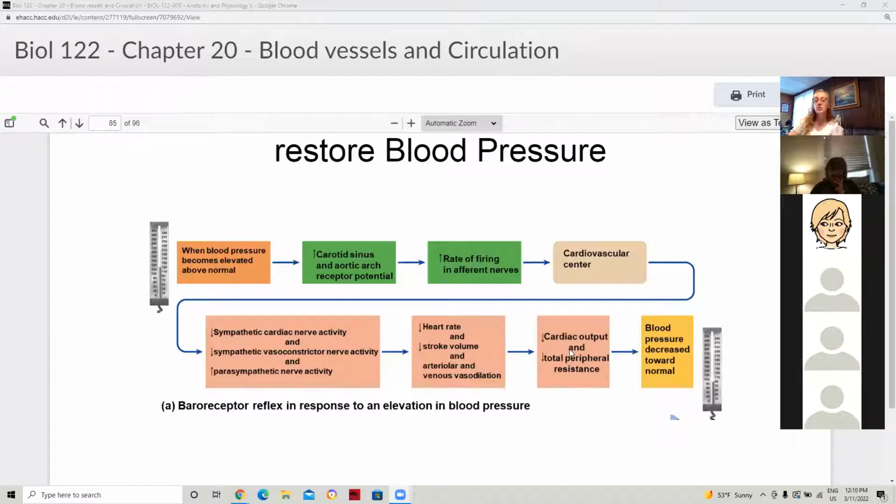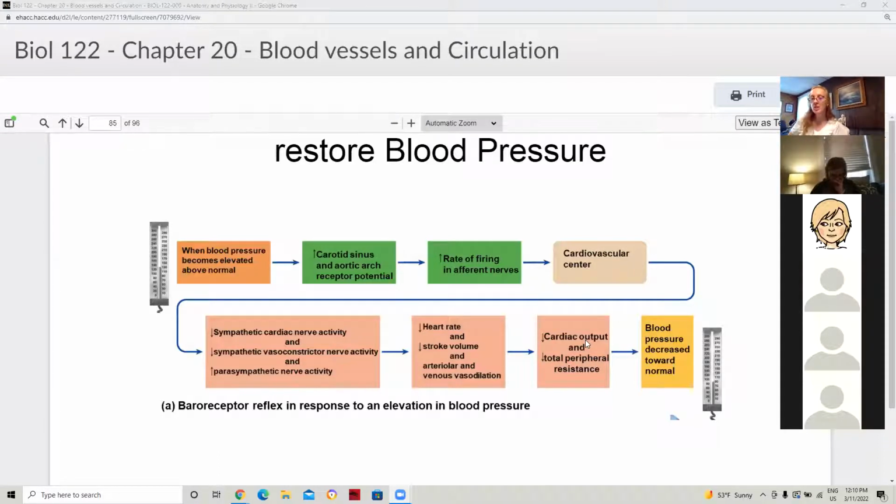As a result, you decrease cardiac output and you decrease total peripheral resistance. Let me say it differently. If you decrease heart rate and decrease stroke volume, you're decreasing cardiac output.